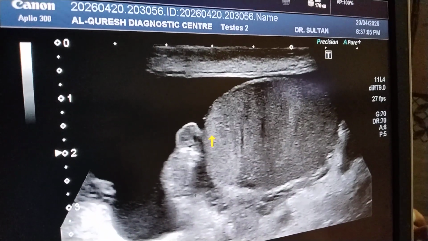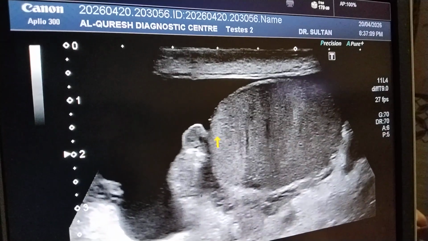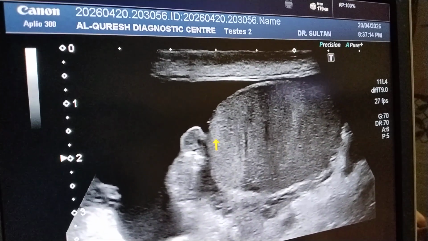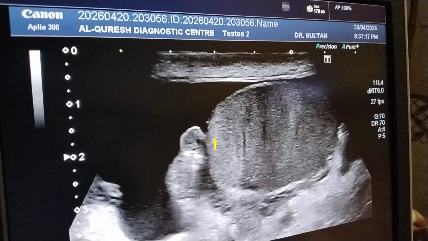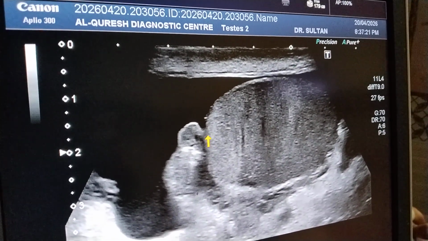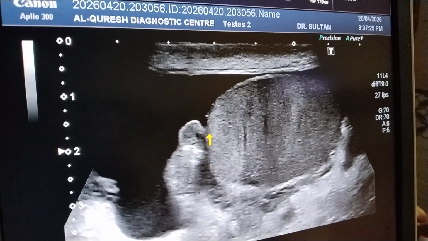It is usually present in almost 70-80% of males, and it is attached to the upper pole of the testes. Normally it is very difficult to see.